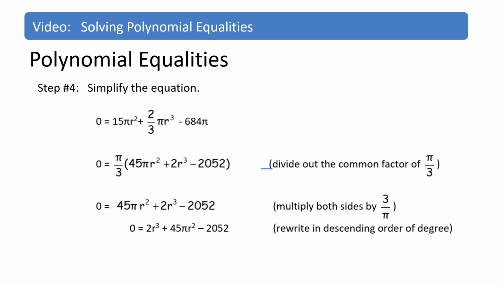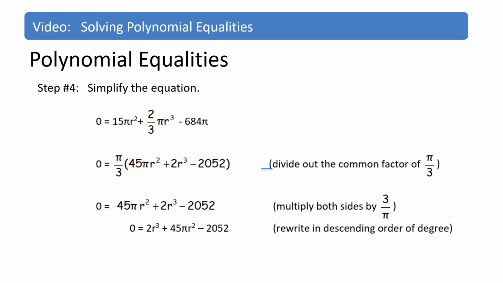Now to begin solving, we'll look for the common factor, and we have a common factor of pi over 3. So we'll factor that out and get pi over 3 times 45 pi r squared plus 2r cubed minus 2052.